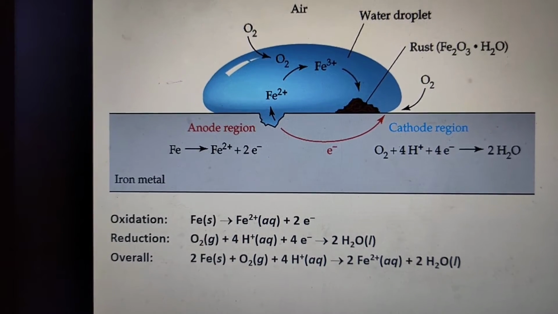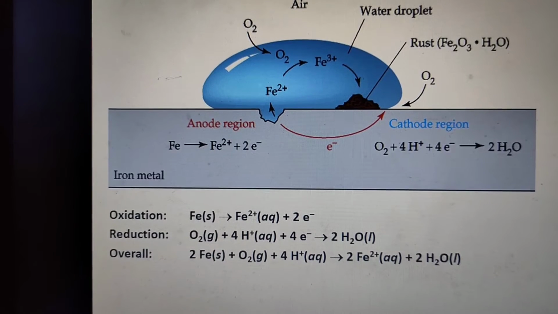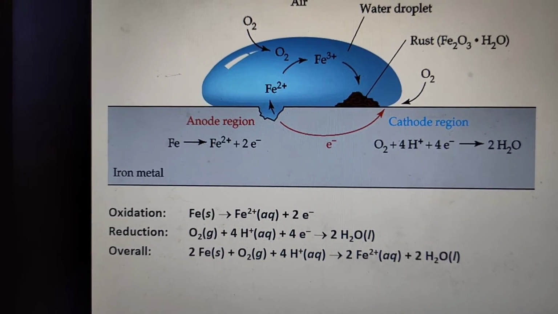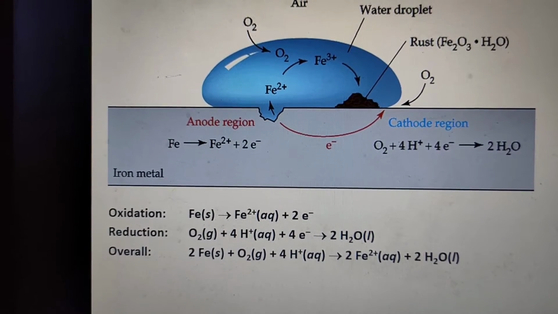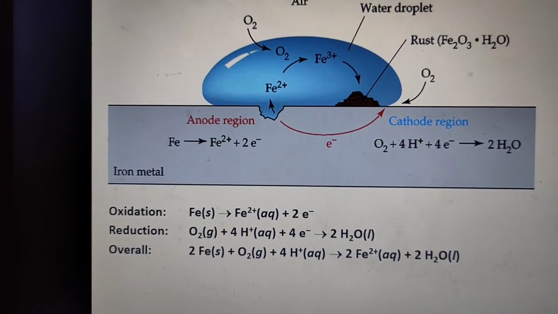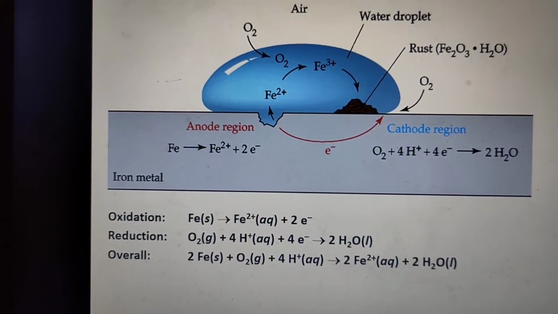And this Fe2+ produced is oxidized to Fe3+ in the presence of atmospheric oxygen, and this Fe2O3 forms a hydrated compound called rust, that is Fe2O3·xH2O. That is hydrated iron oxide, which is called rust.